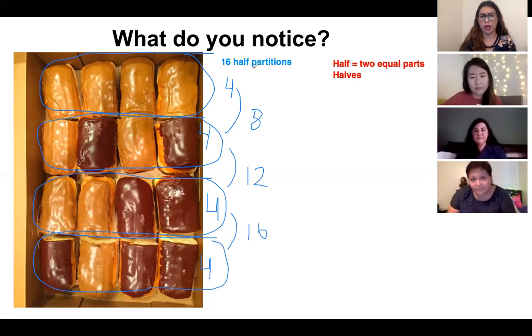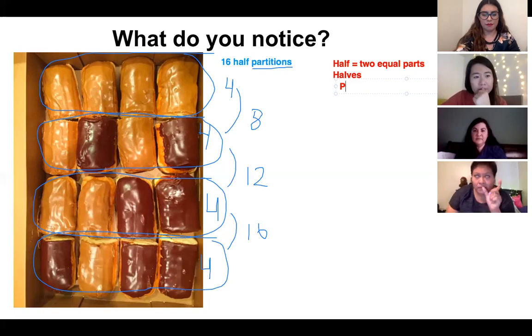And what does this word partitions mean, Ms. Rosales? Can you explain that word for us? Sure. When we think about breaking something apart, breaking a whole apart, the partition means that you're cutting it into a smaller piece within the same whole. So it is essentially a fraction.